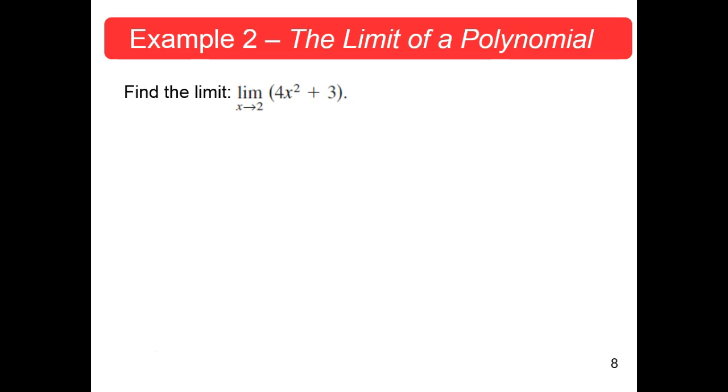Let's do so. All right, here we go. What do you think the limit as x approaches 2 of 4x squared plus 3 is? Now you can do it the long drawn out way or you can do it a shortened way. I don't care. You tell me.